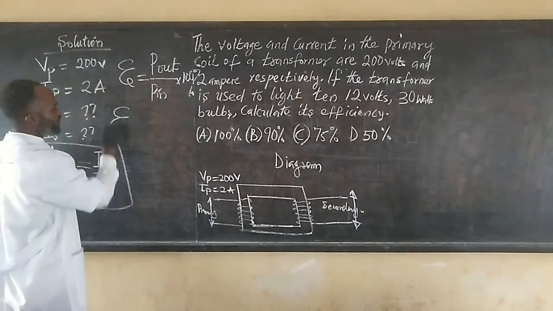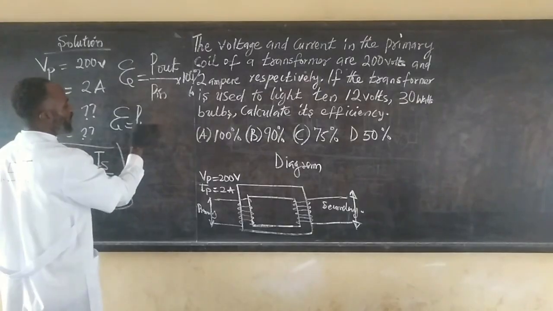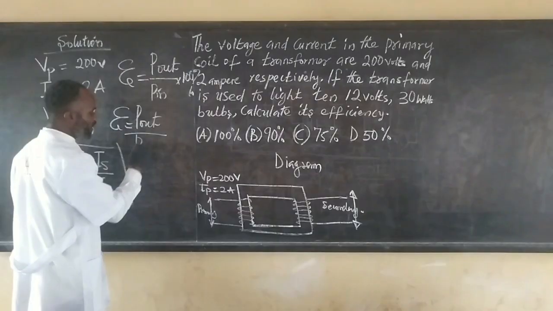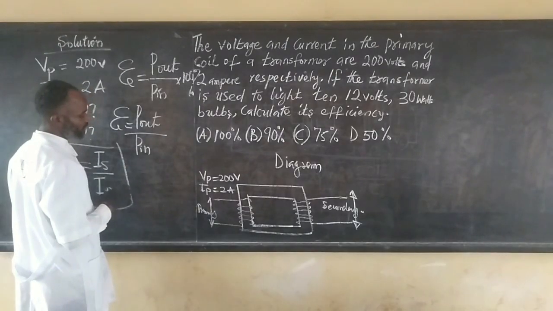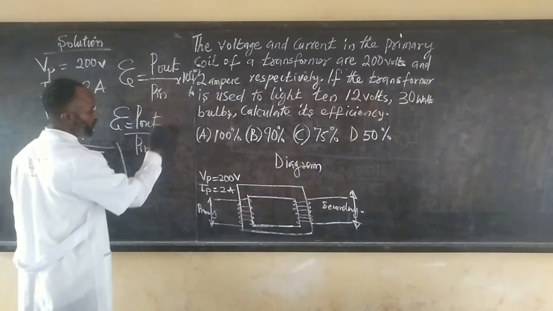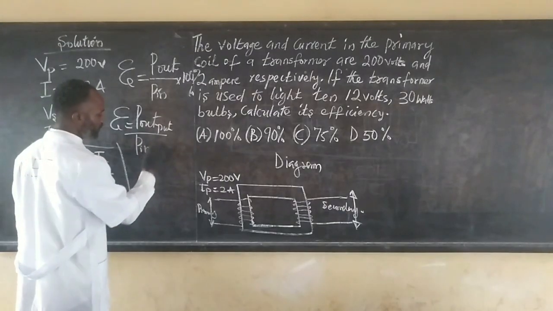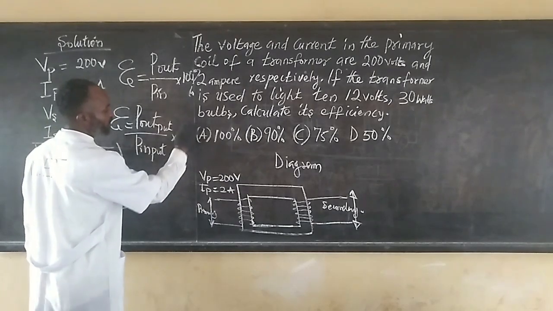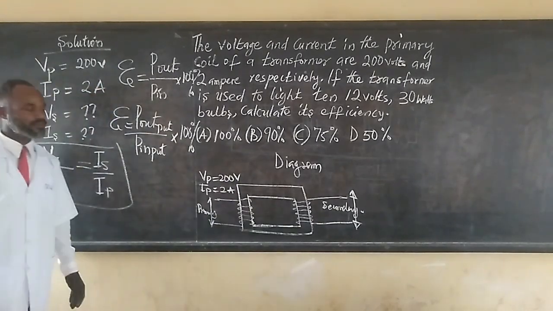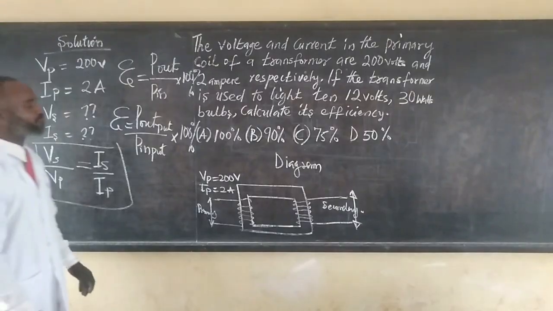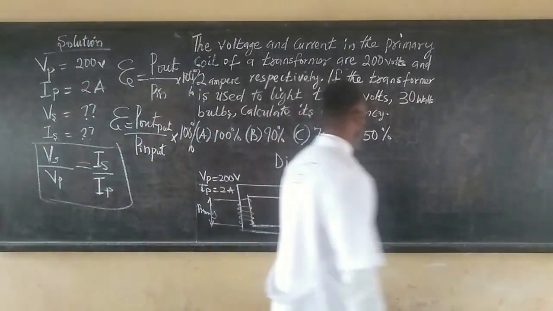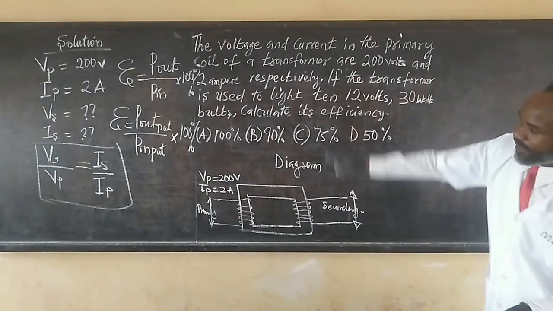I repeat, efficiency can be found as power output over power input, times 100%. So what is the power output and what is the power input? That's the question. So we begin from there.